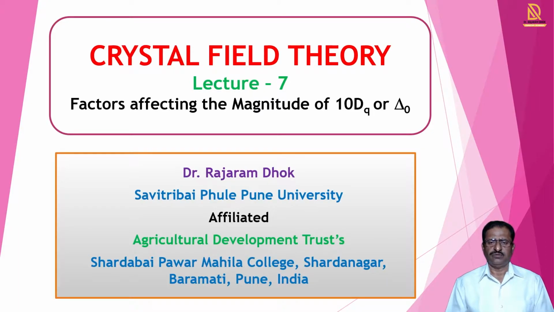This 10Dq value changes in different complexes. How does that change? What is the magnitude of that? And which different factors are responsible for that? For that purpose, we see the different factors responsible for changing the magnitude of 10Dq.